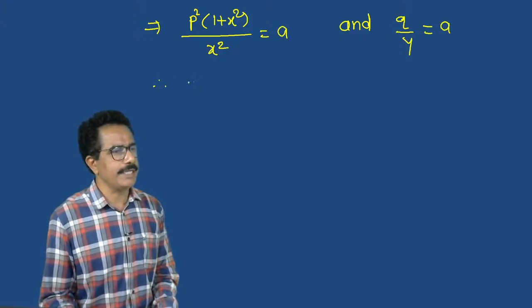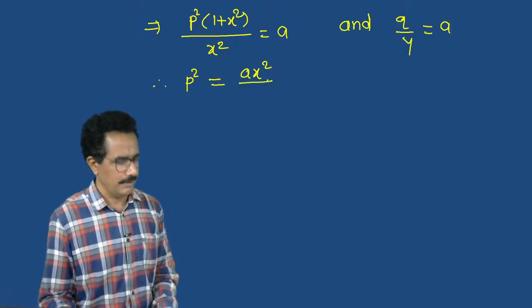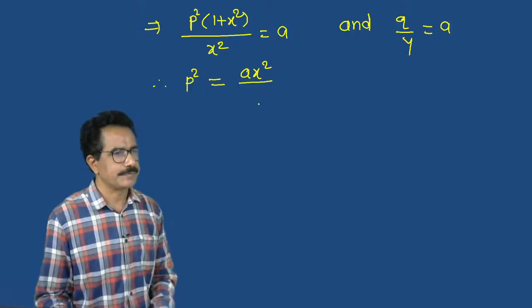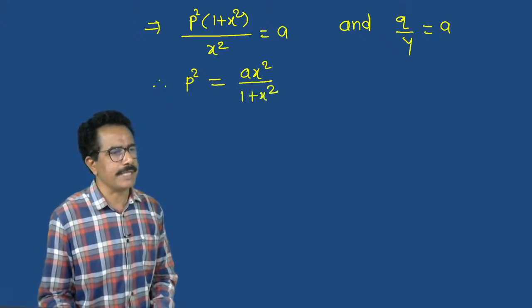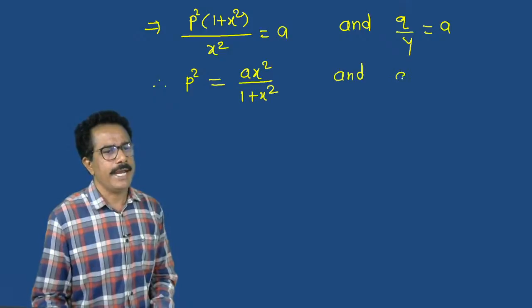So we can write p square equals ax square divided by 1 plus x square, and q equals ay.